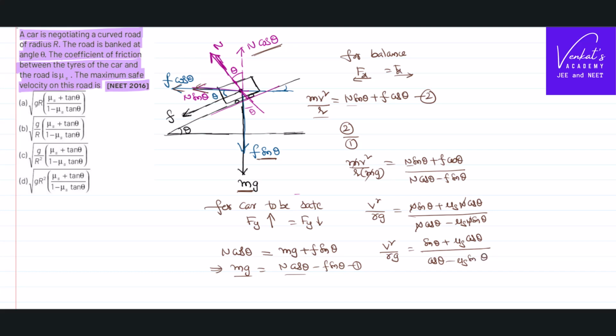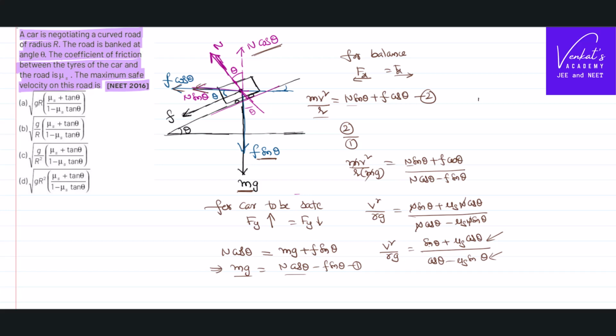But if you look at the answers, none of the answers are in terms of sin and cos, they are all in tan. So I shall convert this equation to tan. I will divide the entire numerator and denominator by cos theta, so that sin theta by cos theta becomes tan theta and the cos theta gets cancelled.